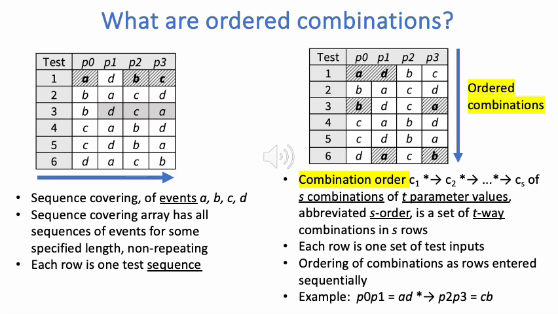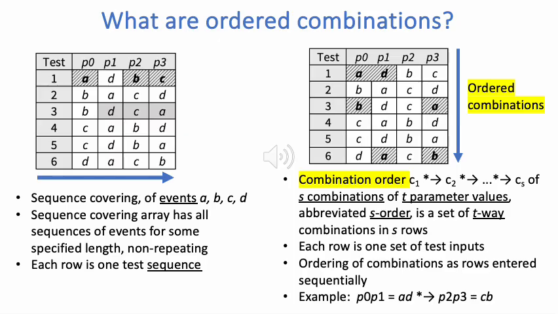Now, on the right-hand side, we have an example of what we're talking about with this new work, which is ordered combinations. And in this case, what we're looking at are combinations of parameter values. So it's a little bit different orientation.